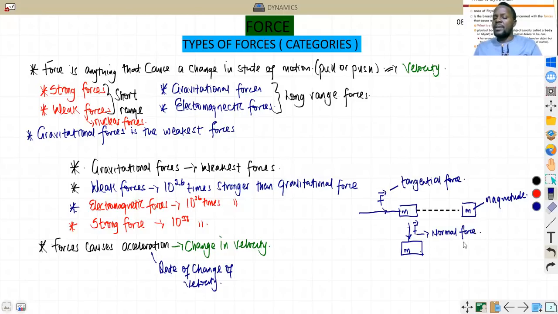Now, when we have this type of situation, this type of force that is normal or perpendicular to the surface is not only going to change the magnitude. What we see is that as the force comes in this direction, the body gains velocity, and velocity with respect to time gives acceleration.